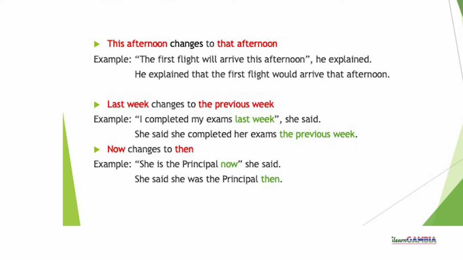And now also changes to then. For example, she is the principal now, she said, okay? She is the principal now, she said. Now, she said she was the principal then, okay? So now changes to then in the reported speech, okay?